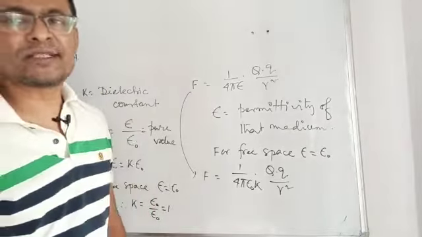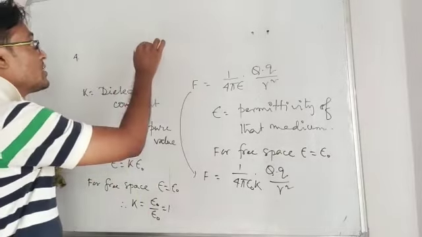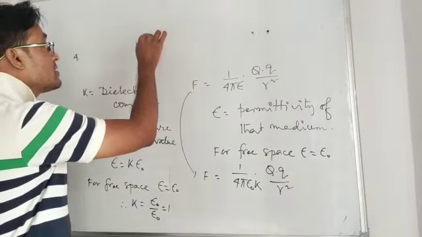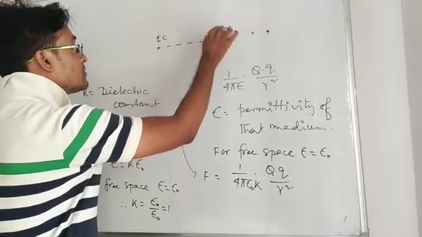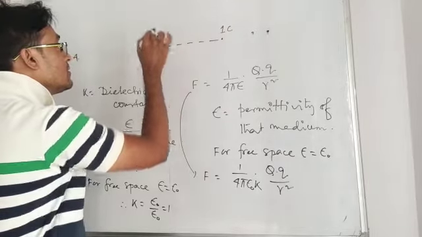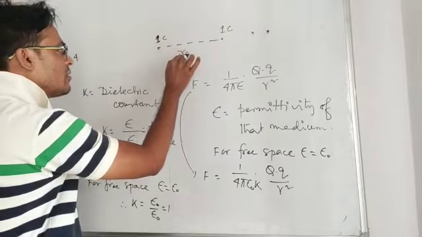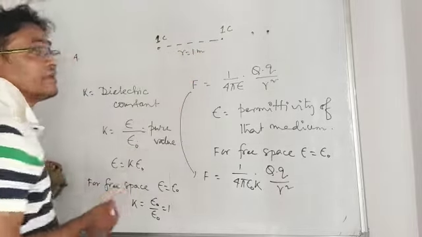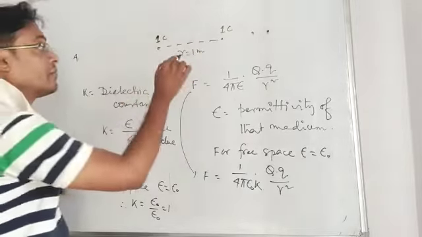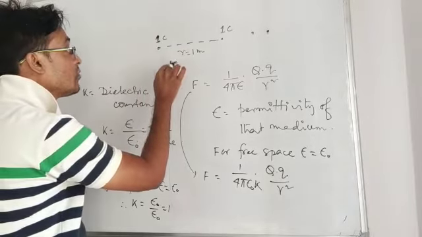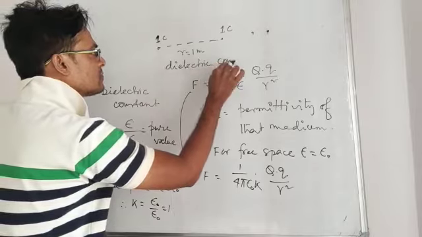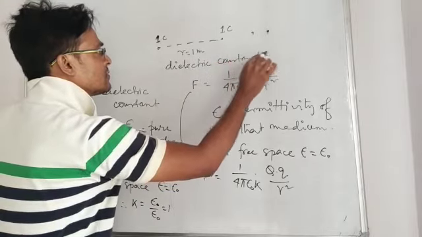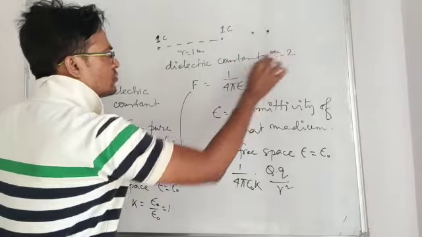If somebody says that two charges of 1 coulomb each are placed at a distance 1 meter apart inside a medium having dielectric constant K is equal to 2.